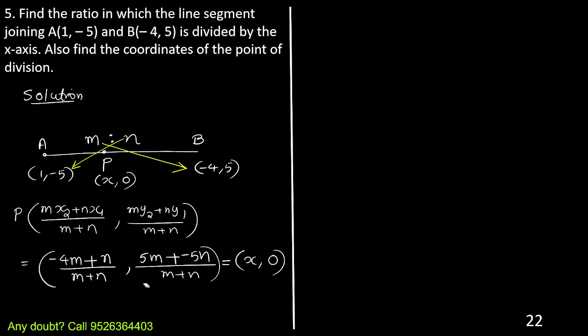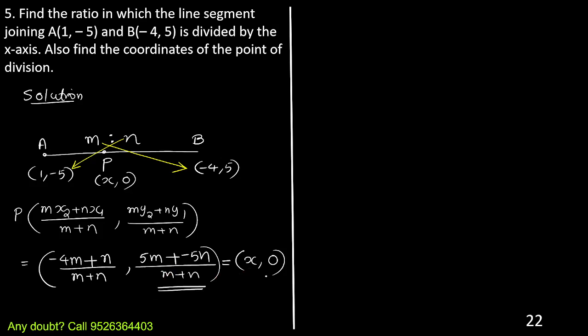So just by equating or comparing left and right, you can easily find out m is to n. Comparing the first expression is difficult, right? (Minus 4m plus n) by (m plus n) equal to x. You will not be able to find out m is to n because x is not available. But let me compare the second expression.